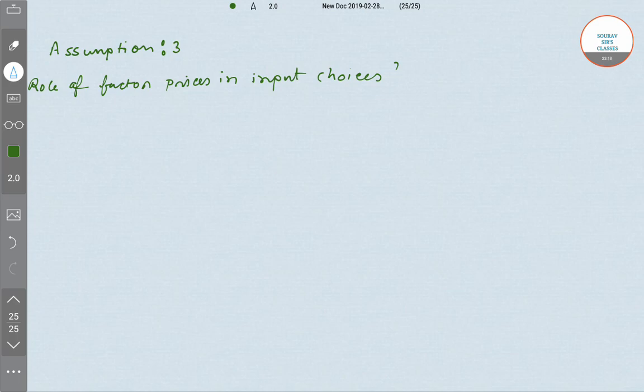So we know the choice of input mix depends on relative prices of input.